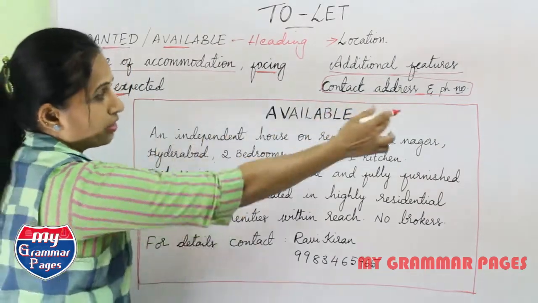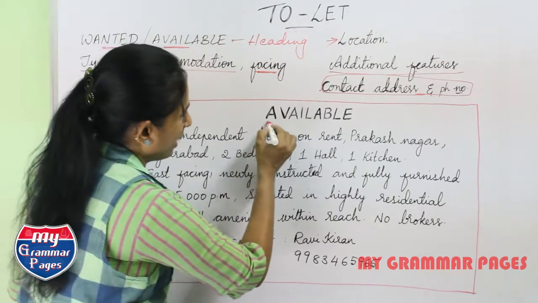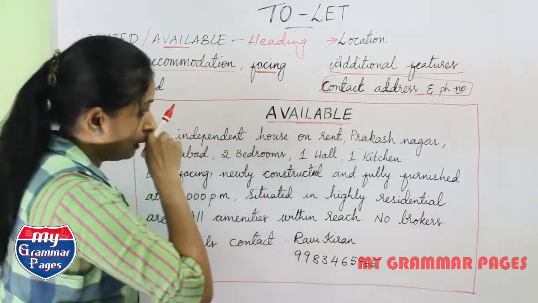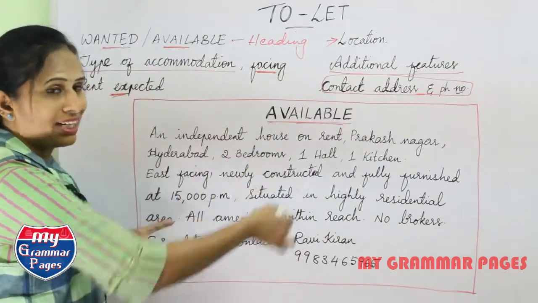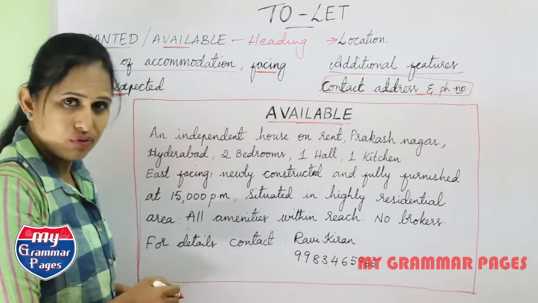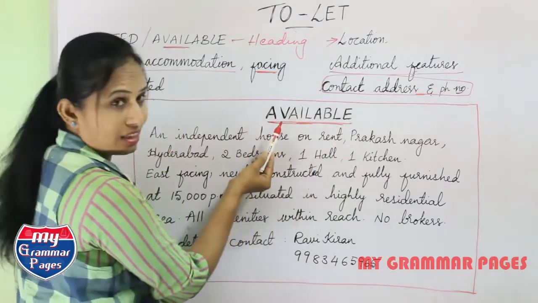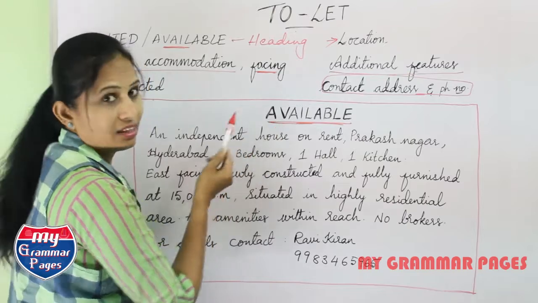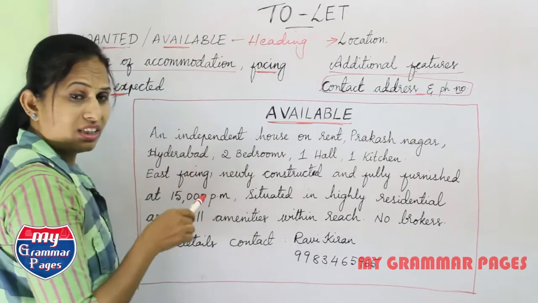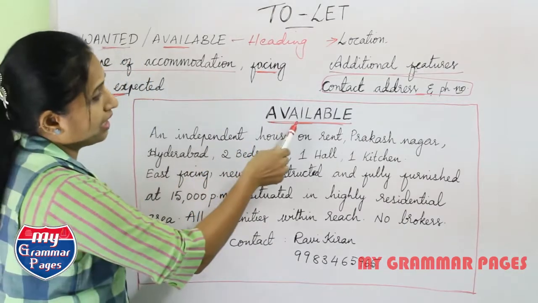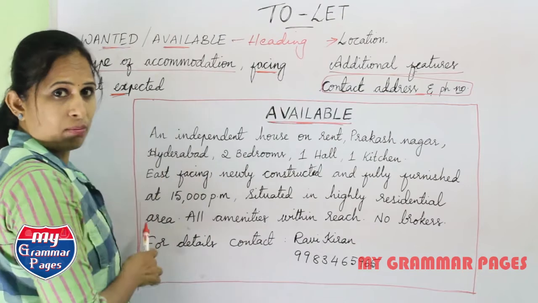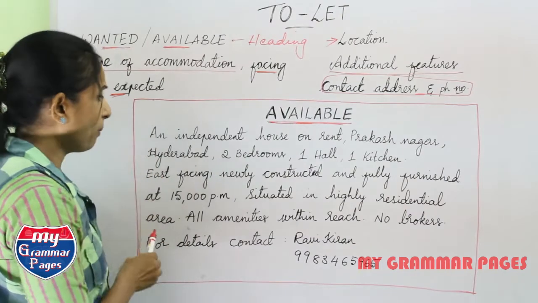I have opened a 3-sided box and I have taken the heading available. I didn't take wanted because my classified is about the availability of the space. Just have a look here, I have taken this in bold letters. In my earlier classes, I have already told you that the heading can be placed here or to the margin side of the page.